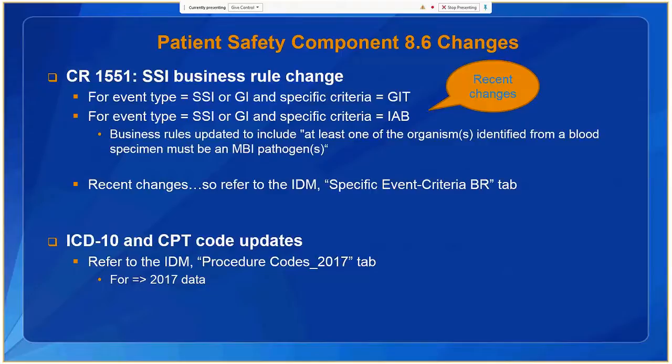I will send out a new IDM by the end of today or tomorrow. So make sure you look at the specific event criteria BR tab. There has been a slight change in the rules for the SSI or GI for GIT and IAB. So I wanted to really point that out.